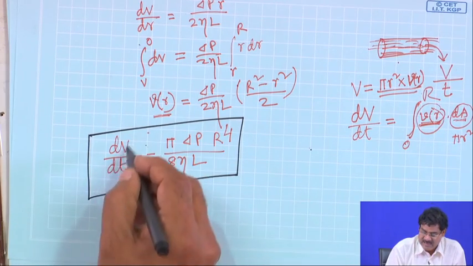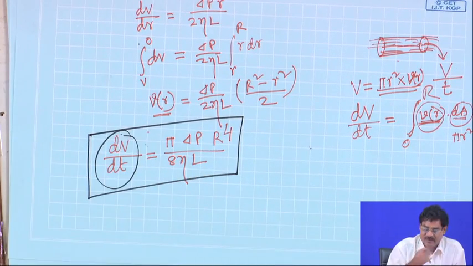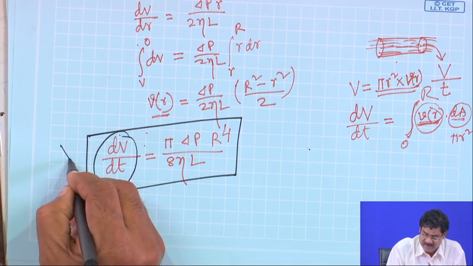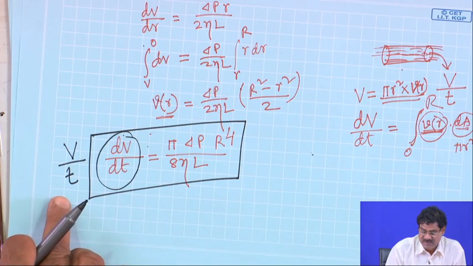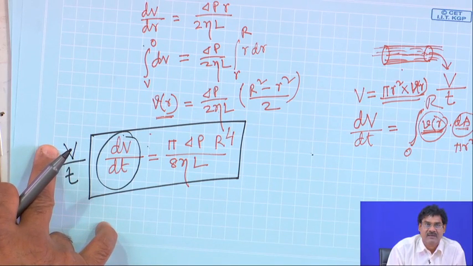And this del V by del T, I can write as V by T, the volume coming out over time T.